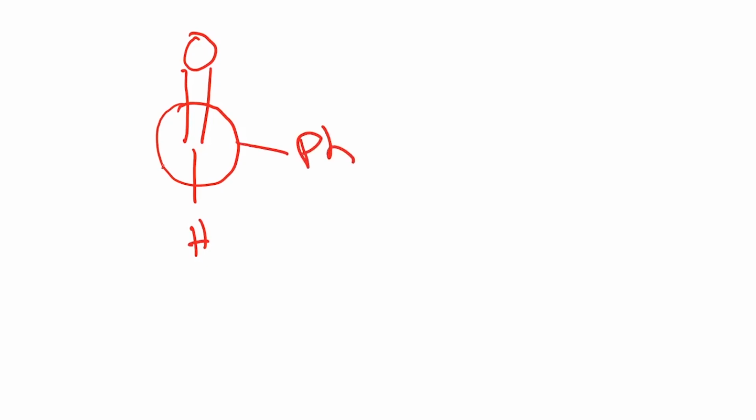So if you draw out this conformation, the most important conformation, then you have the phenyl here, hydrogen here, and methyl here, and the nucleophile is actually attacking from here, as we described it.